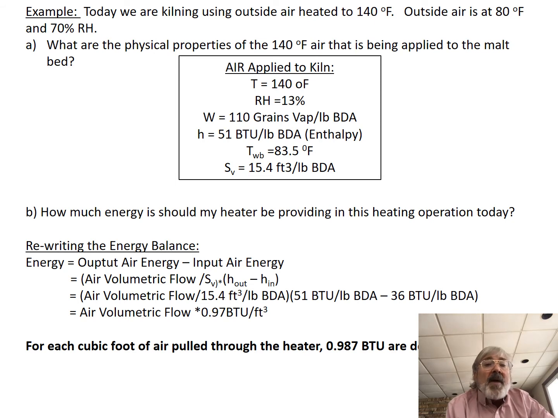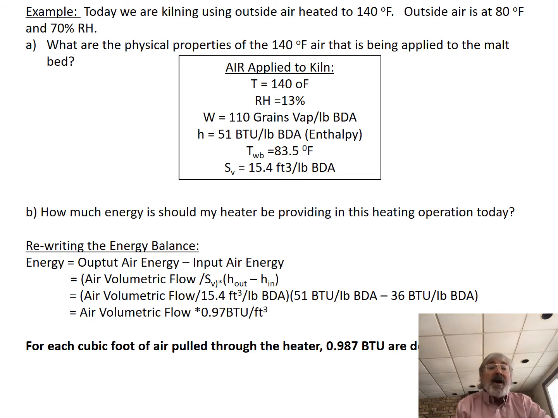This is the mass flow of air times the absolute humidity out minus the absolute humidity in. And the mass flow of air is the volumetric flow rate of the air divided by the specific volume of the air. That comes off the psychrometric chart. In the end, right, my equation comes down to the energy I'm adding to the kiln to do this is whatever my volumetric airflow is times 0.97 BTUs per foot cubed.